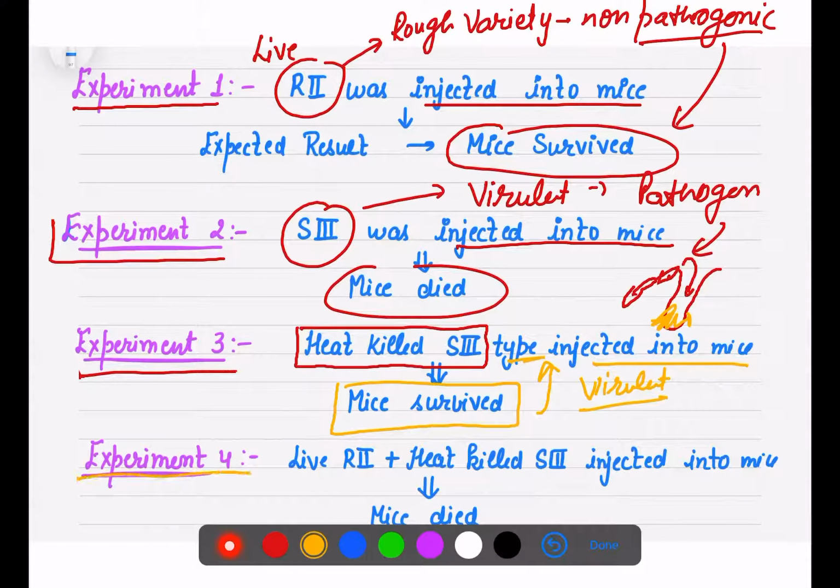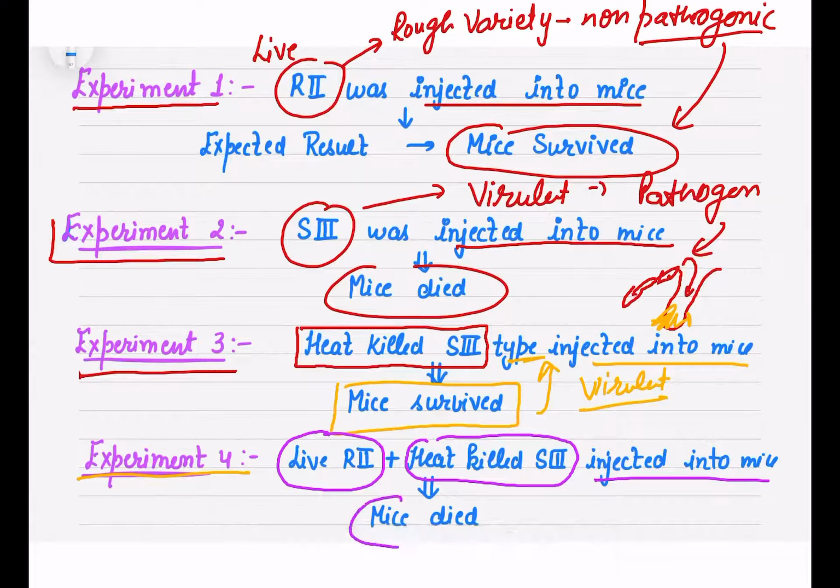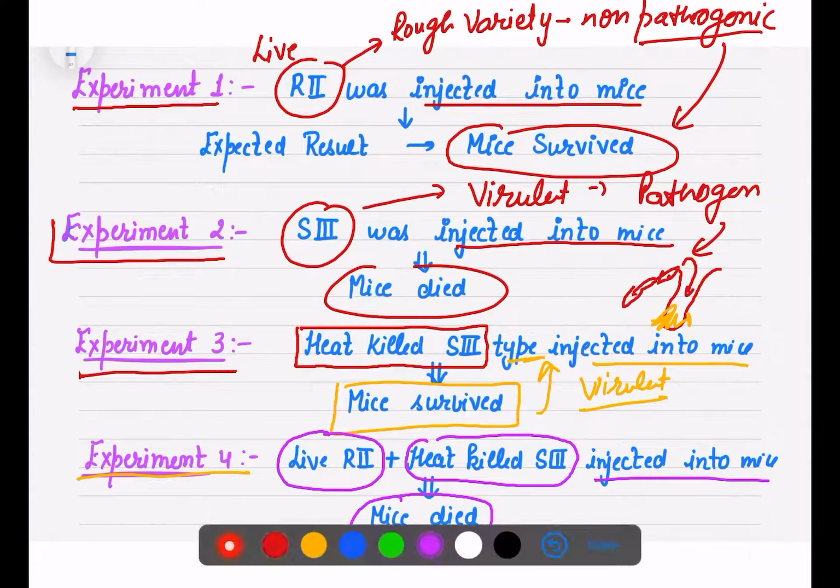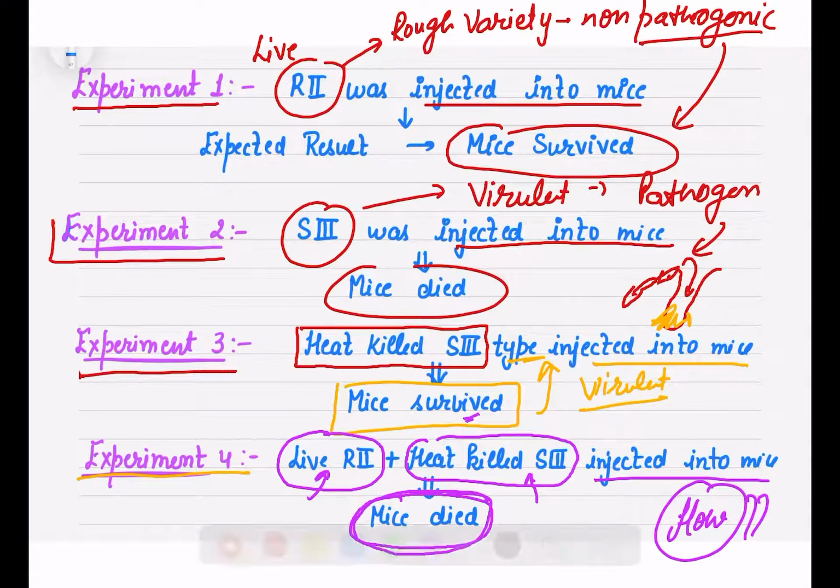Now experiment 4 was that live R2, because R2 is non-pathogenic, plus heat killed S3 was injected into mice. What result do you expect? That the mice should survive, but here the result came out that the mice died. So Griffith was very surprised: live R2 is non-pathogenic, heat killed S3 mice were surviving, but here when these were injected together, mice died.